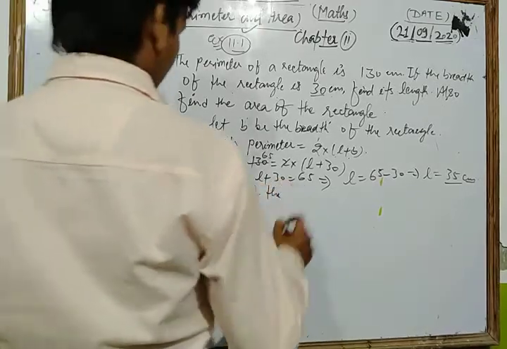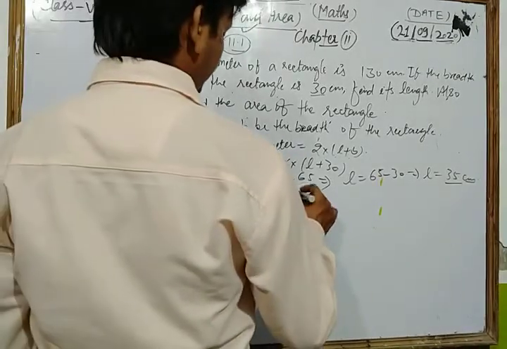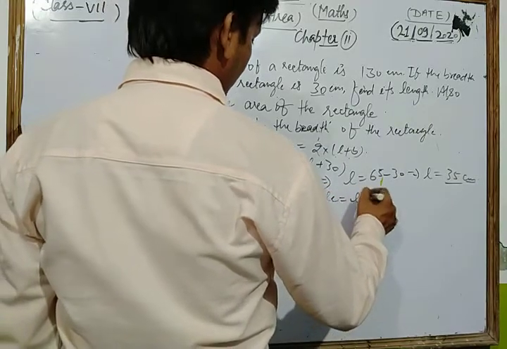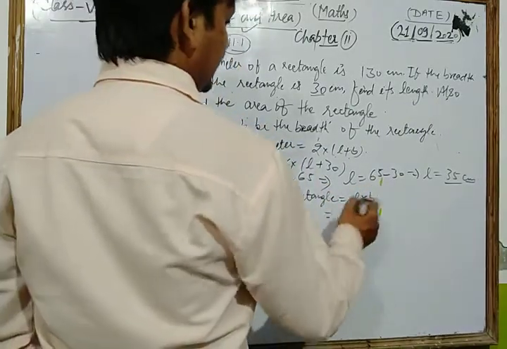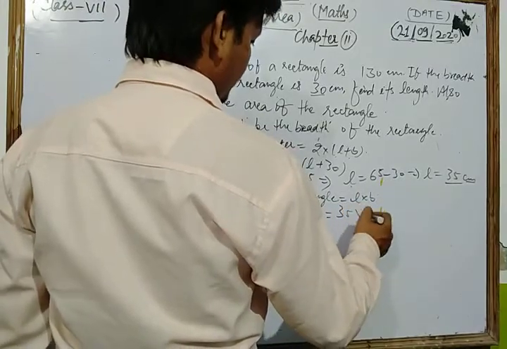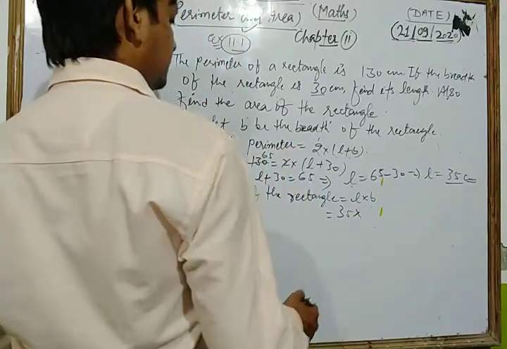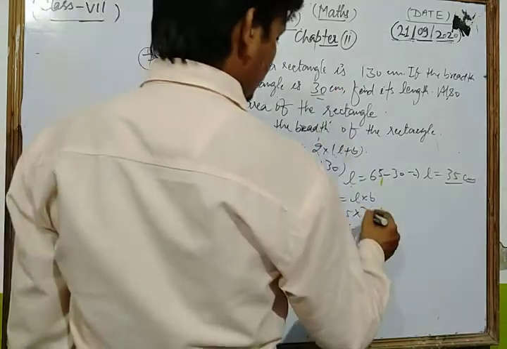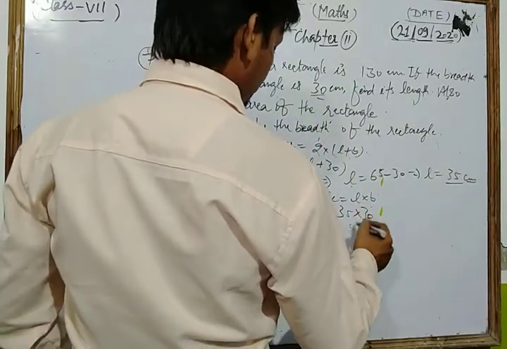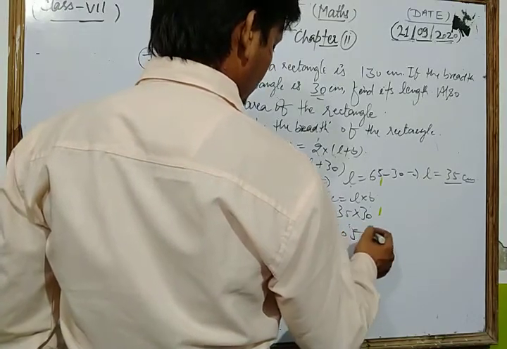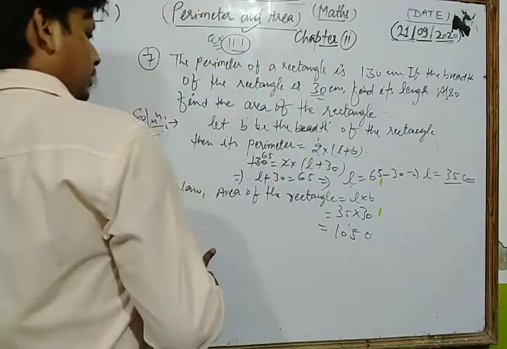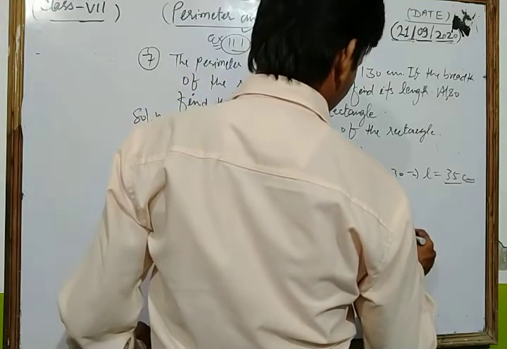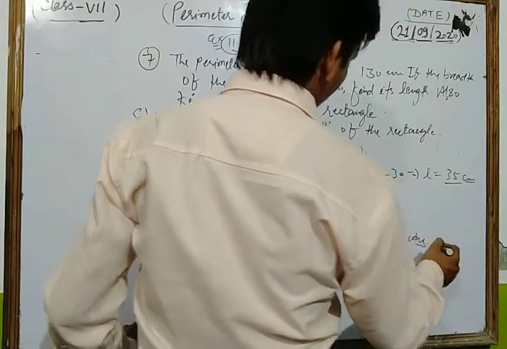Area of the rectangle is length into breadth, that is length is 35, breadth is 30. So we get 1050 centimeter square. This is our required answer.